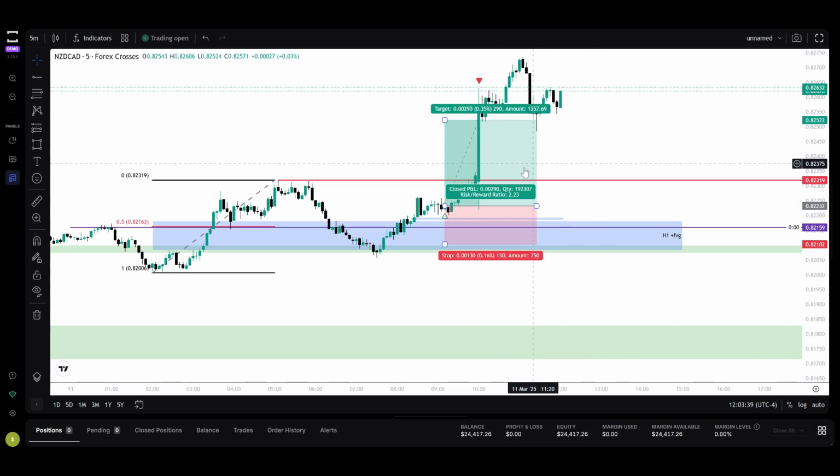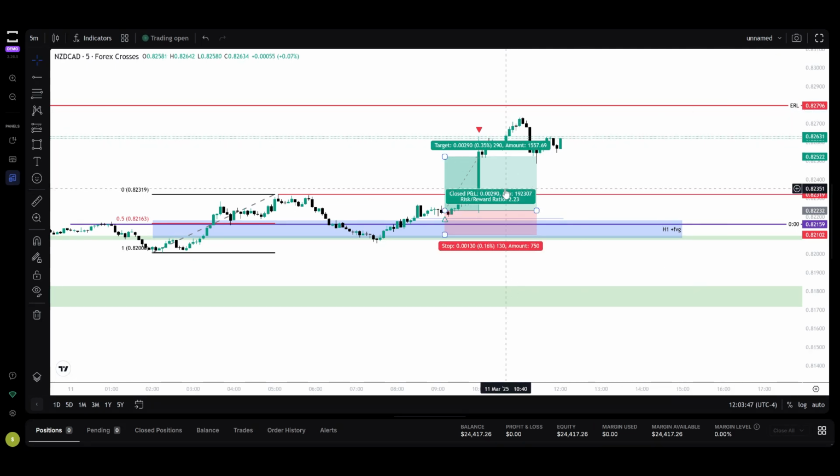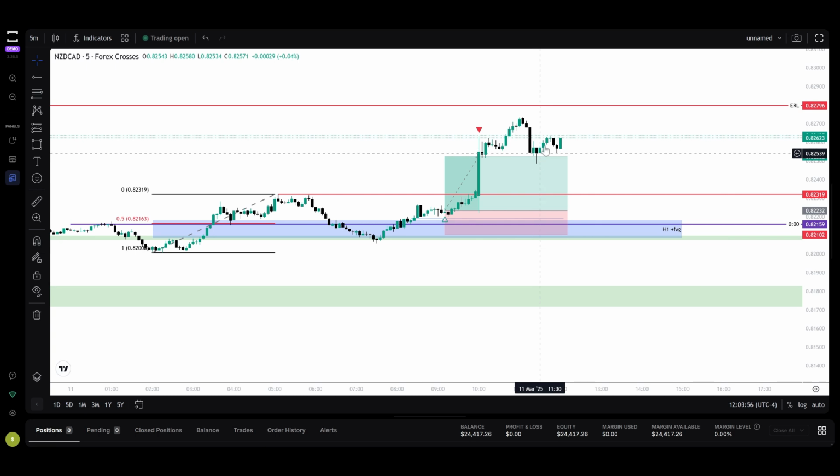Like I was saying before, I'm expecting price to get up here to our external range liquidity, but I only needed a 1 to 2 risk to reward. You can see here where price is likely to go ahead and clip this external range liquidity.